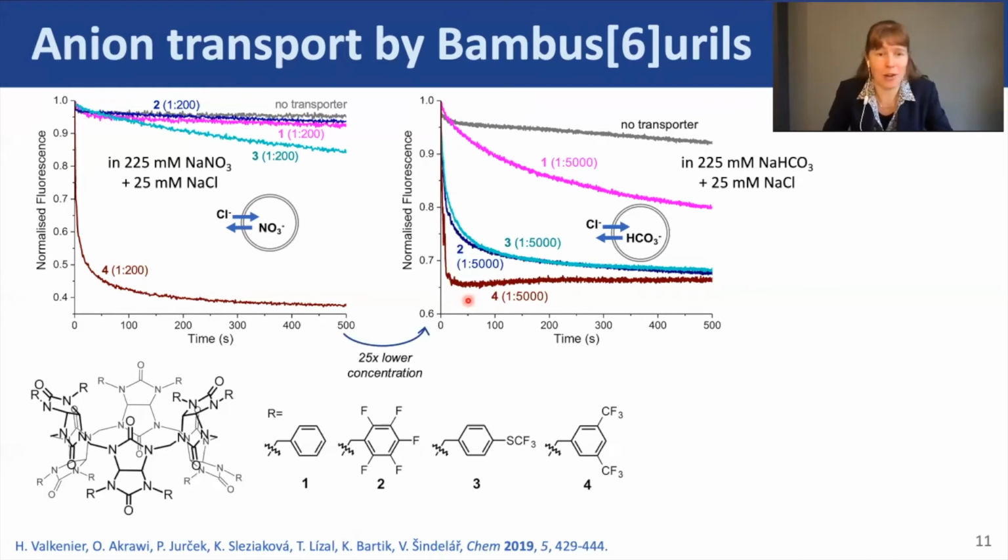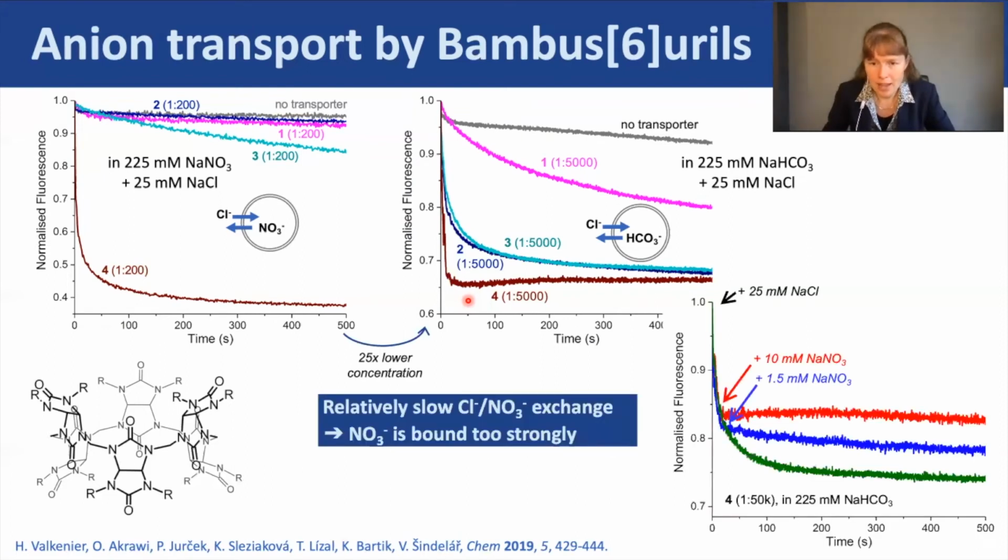Well, why did it then not work in nitrate? Our hypothesis was that the binding affinity for nitrate was too high, preventing the bambus urils from releasing this anion. We've tested this.